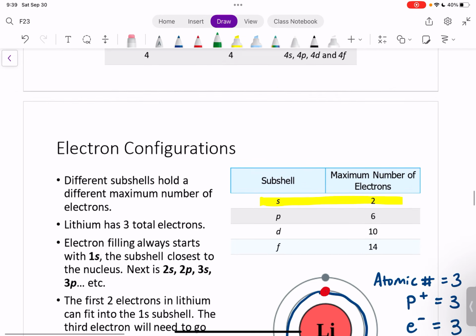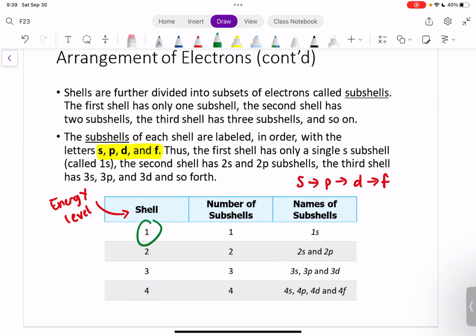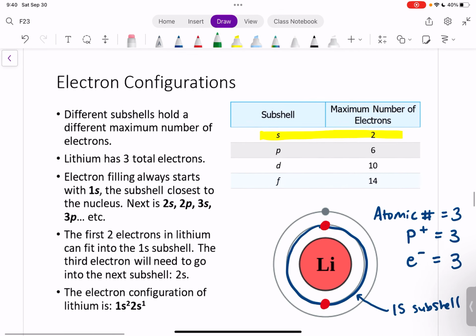And the reason for that is if we go up here, the first shell can only hold 1 subshell, and that subshell is 1s. So we have filled that shell, and we can't put any more electrons there. So now we're going to jump to our second shell. And our second shell can hold 2 subshells, a 2s and a 2p. So let's see if we make it there.